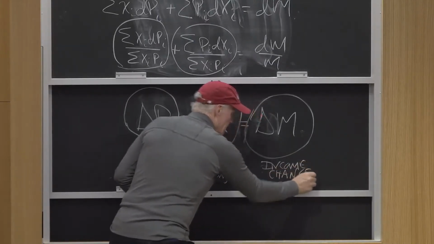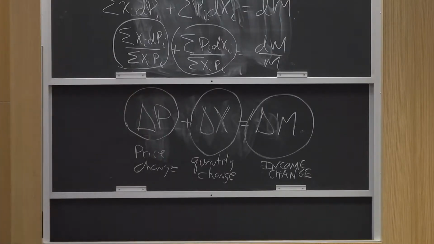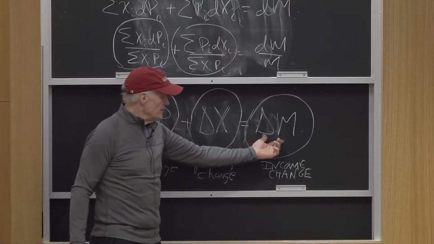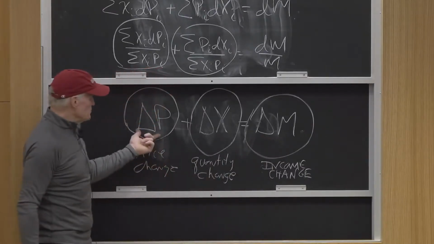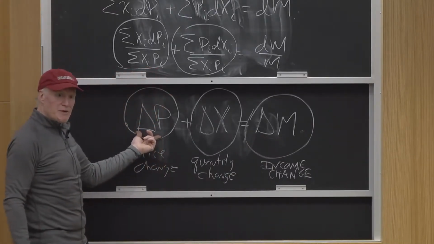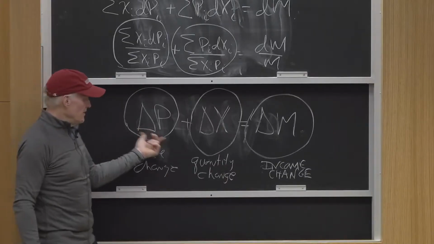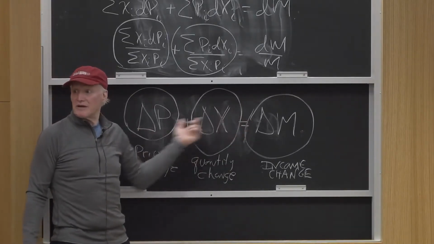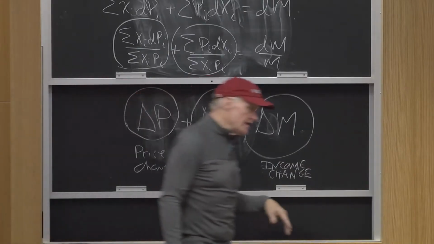So the budget constraint tells me that if I increase income by 10% and I increase prices in the aggregate by 3%, then real consumption could go up by 7%. That's really what this says, right? So it's a way of dividing it up.